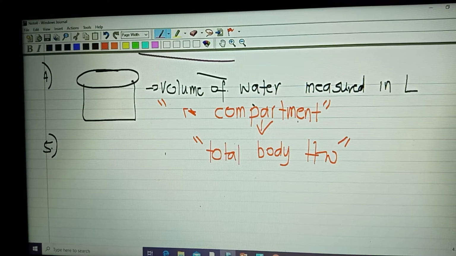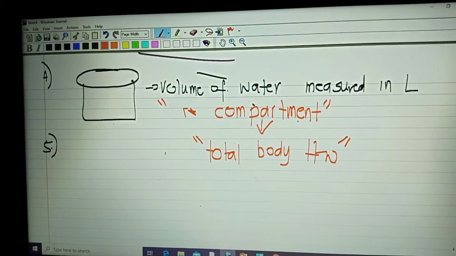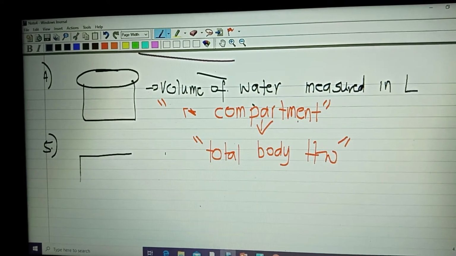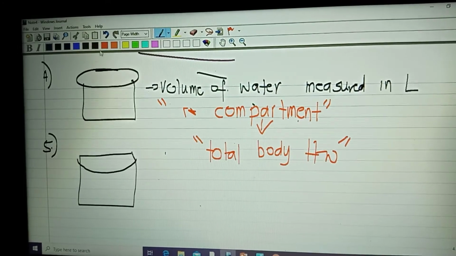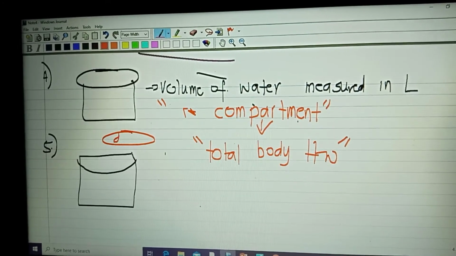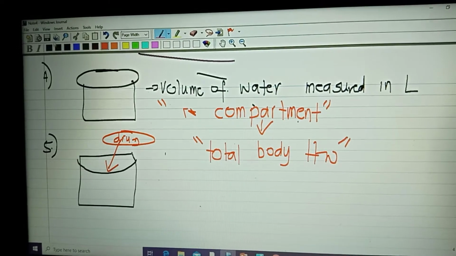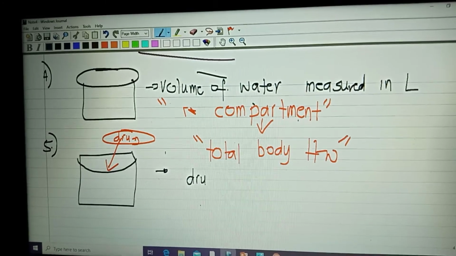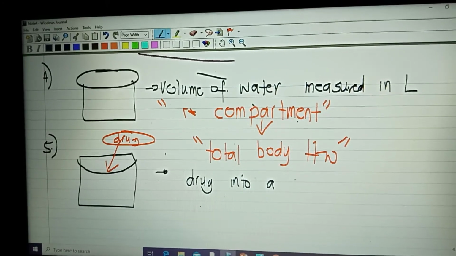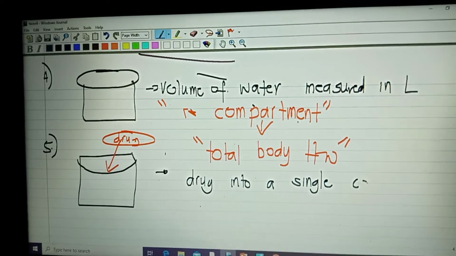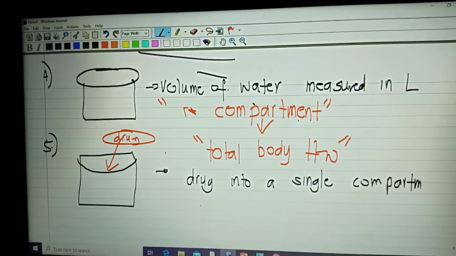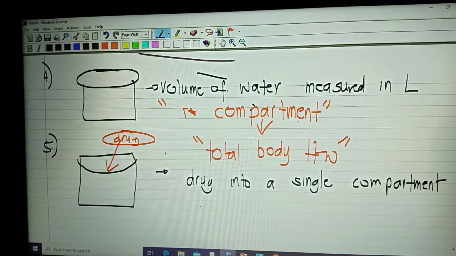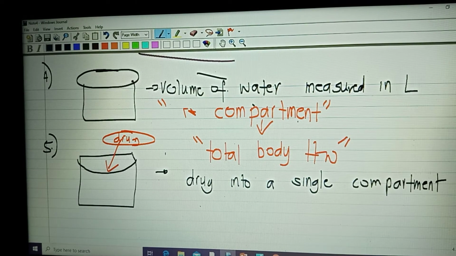Okay, so when we put drug into a single compartment, let me draw that part. Okay, so we have a drug here. When we put a drug into a single compartment, we can easily surmise the amount of drug in the total body.